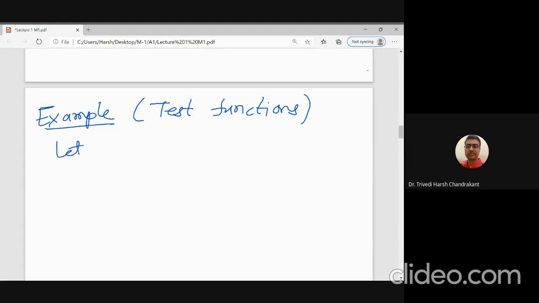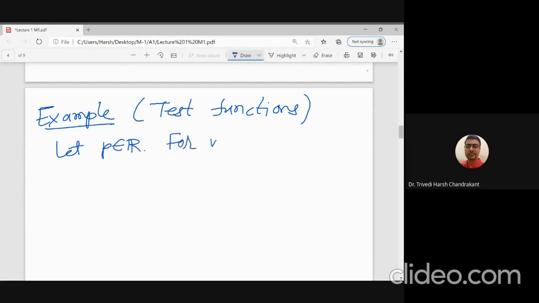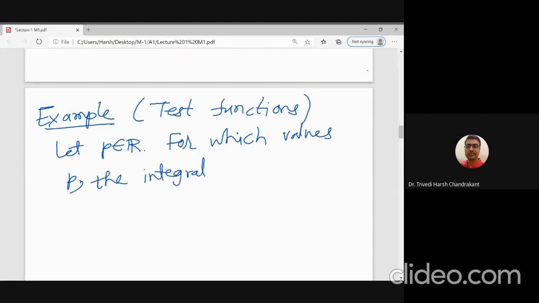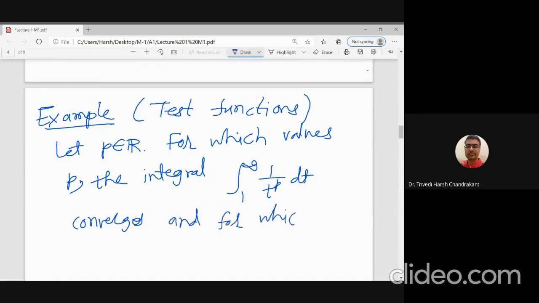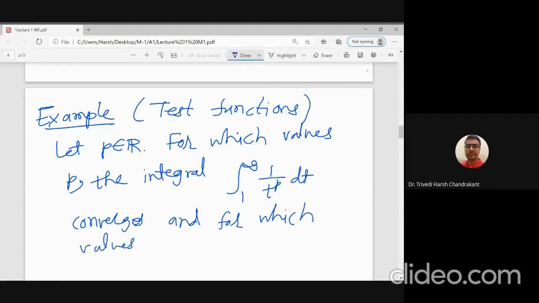So let p be any real number. For which values of p does the integral from 1 to infinity of 1 over t power p dt converge, and for which values does it diverge?